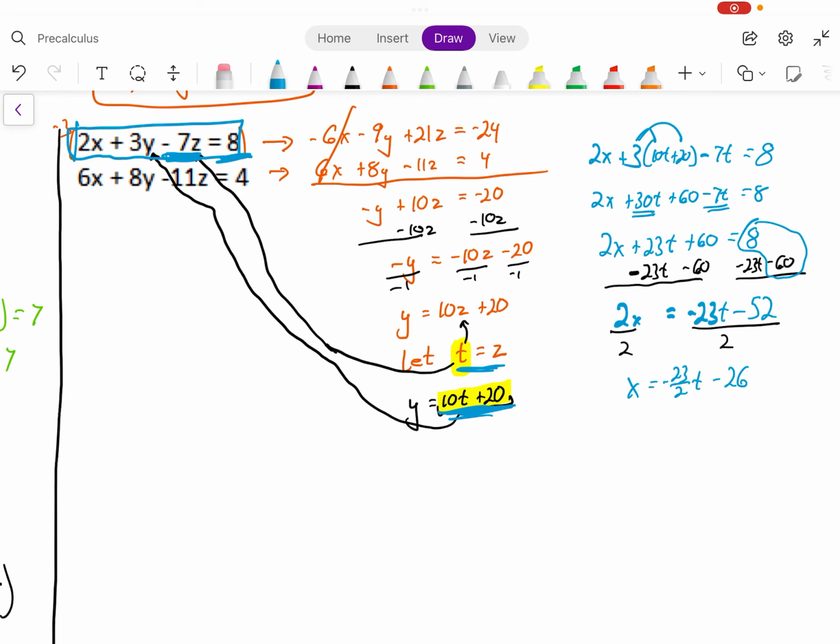So our general solution in terms of t is x, y, z. Well, x is negative 23 over 2 t minus 26. Our y is 10t plus 20, and z is t.